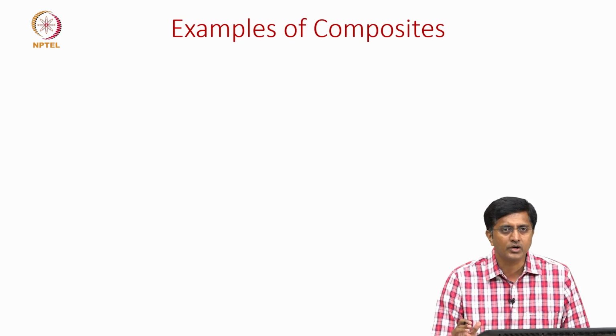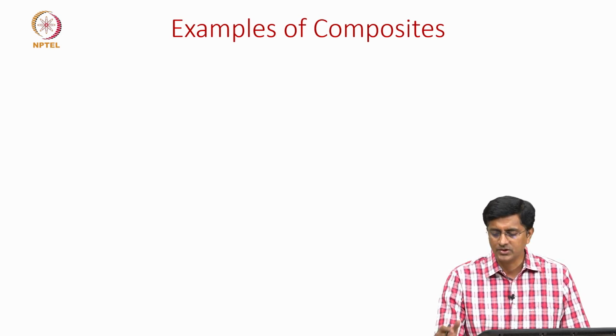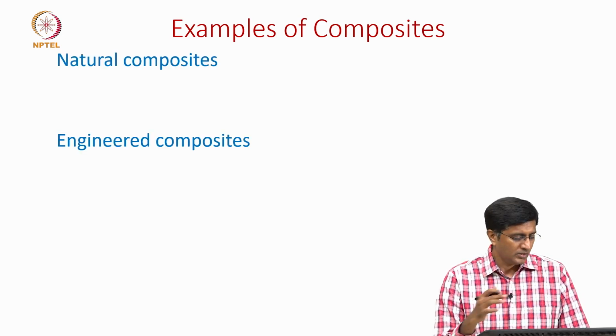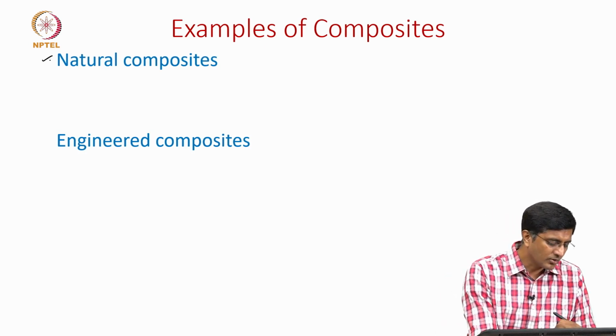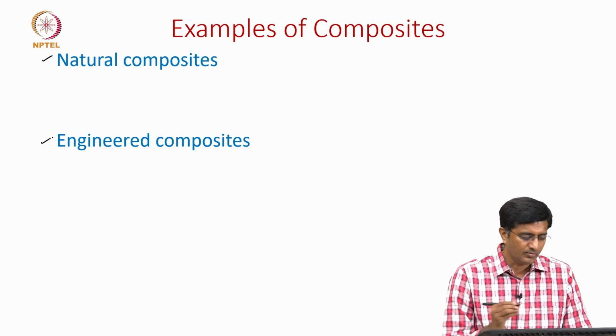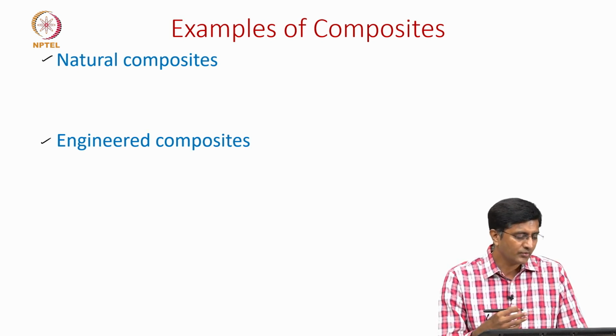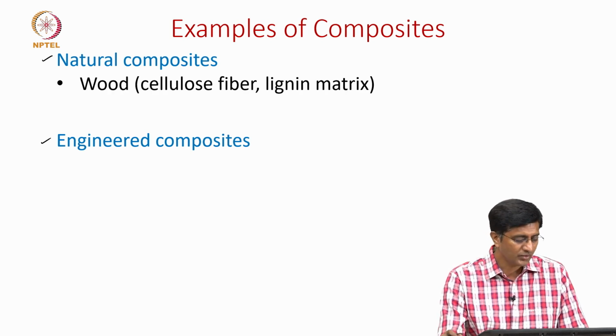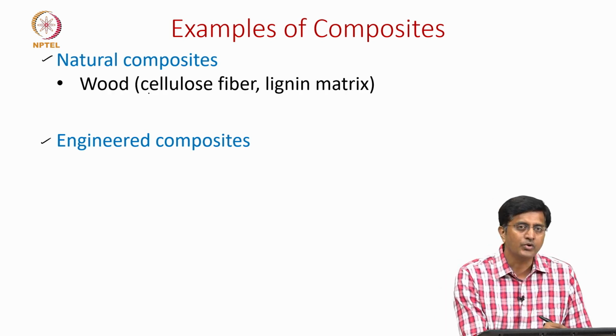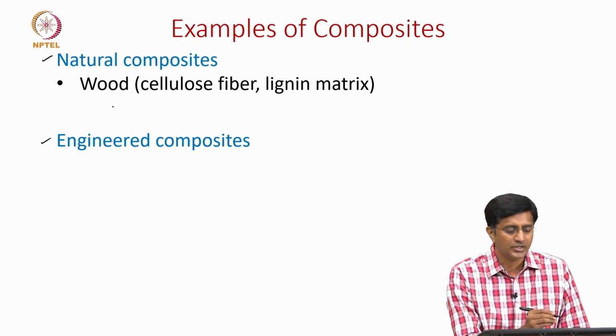Now let us look at a few examples of composites. One way to see composites is to call them either natural composites or engineered composites. Let us look at a few examples of natural composites, starting with wood. Wood is a common material we see in nature.